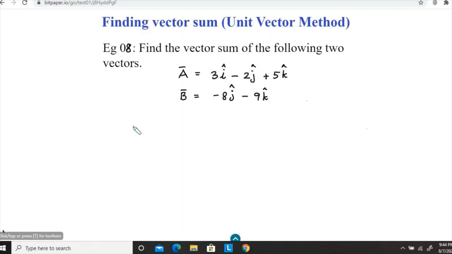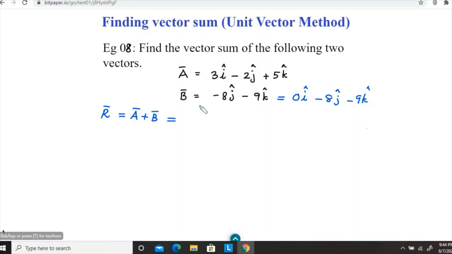The j hat component is 0. So I'm going to rewrite B vector as 0 i hat minus 8 j hat minus 9 k hat. The vector sum, usually given by the r vector, is simply the A vector plus the B vector.